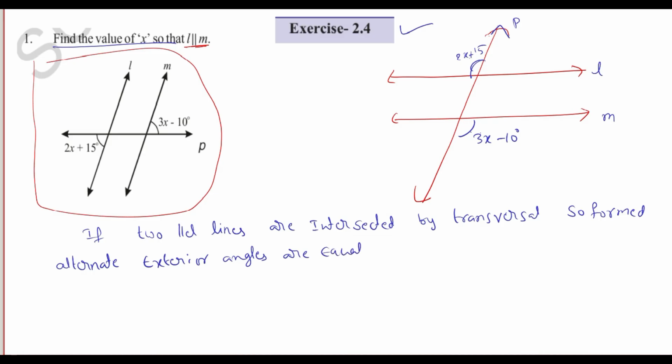By using this, we can write that 2x plus 15 is equal to 3x minus 10.